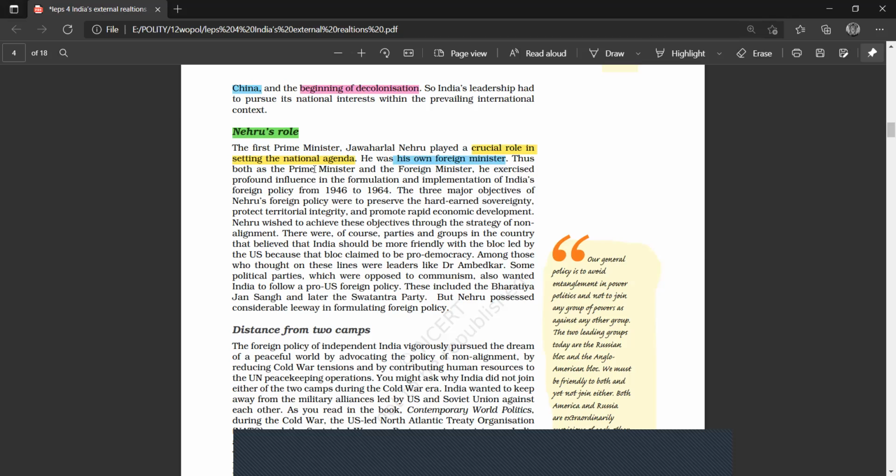Thus, both as the prime minister and the foreign minister, he exercised profound influence in the formulation and implementation of India's foreign policy. Now comes the important part, from 1946 to 64. This is an easy year to remember because it's just the opposite of 46. So, 1946 to 64, Pandit Jawaharlal Nehru. All right.